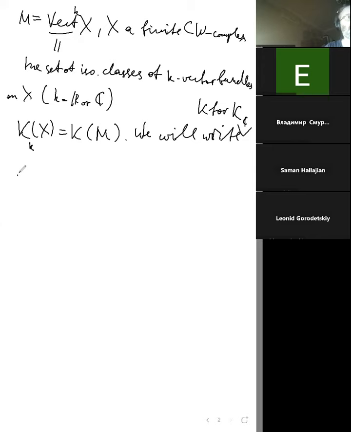There is a slightly different group, which I denote K tilde of X, which is the set of stable equivalence classes.